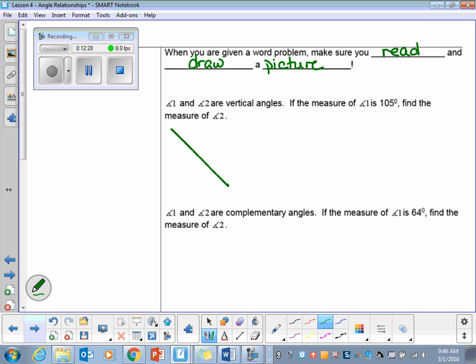So I'm going to start by drawing vertical angles, 1 and 2. They're across the X from each other. They are opposites. If the measure of angle 1 is 105, so I'm going to label that, what is the measure of angle 2? Well, vertical angles are congruent. So the measure of angle 1 has to equal the measure of angle 2, which is 105 degrees.